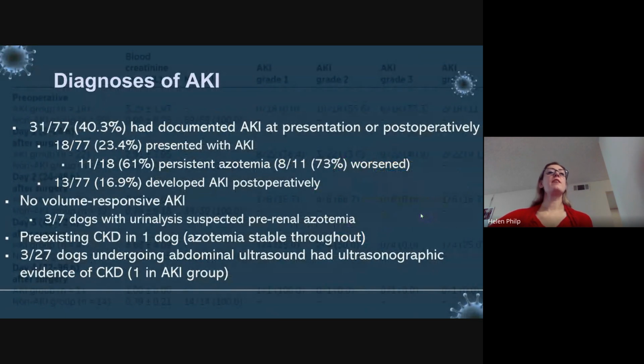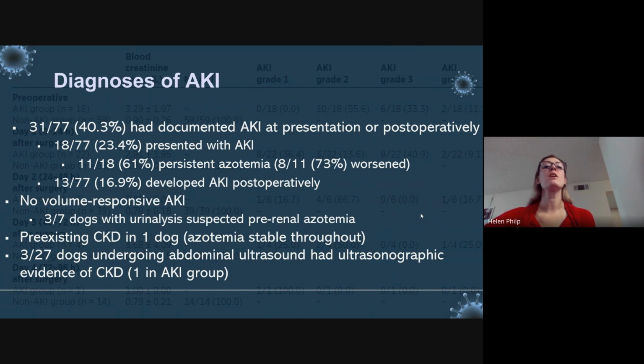In terms of the diagnoses of AKI, they documented 40% of the dogs had an AKI at presentation or post-operatively, so 31 of 77 dogs. 18 of those presented with AKI, and then 13 of them developed it post-operatively. They didn't report any volume response of AKI at all, but they do make the comment that of 7 dogs with urinalysis results available, 3 of those had a suspected pre-renal azotemia.